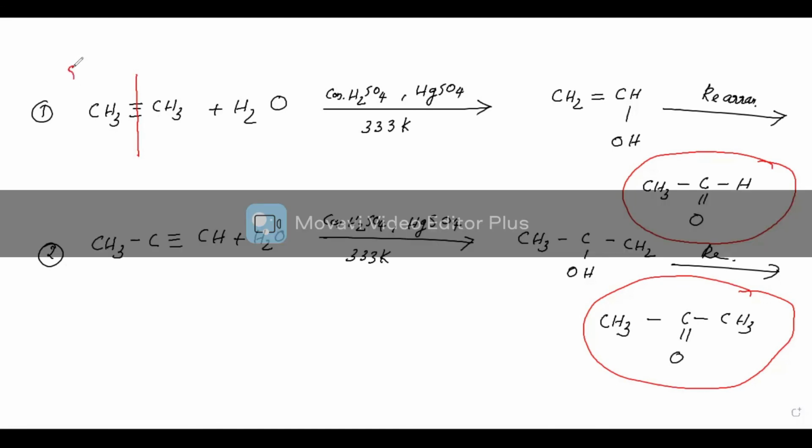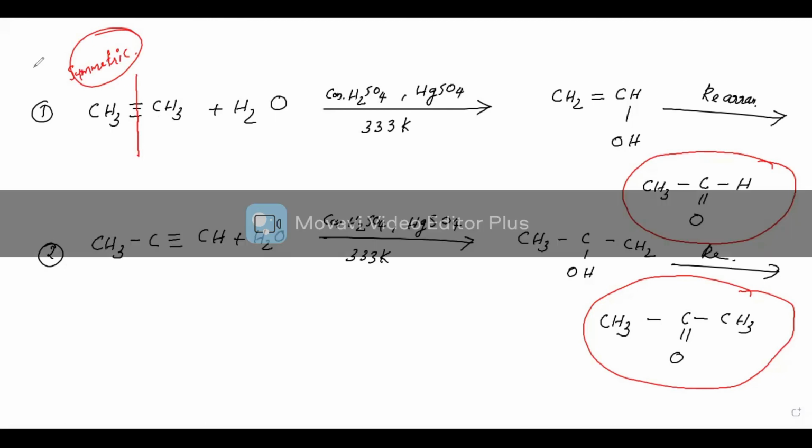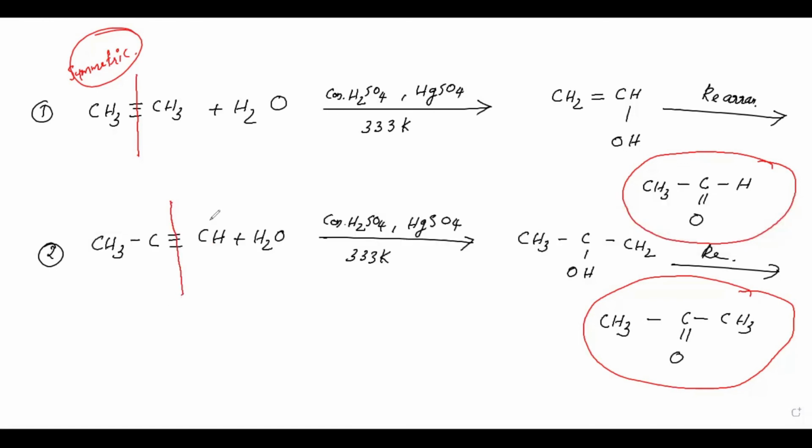So this is called a symmetric alkyne. Symmetric means equal halves; when cut through the center, we get equal halves. The second one, when I'm cutting through, here it is CH3 and here is CH3C, so it is unsymmetric.